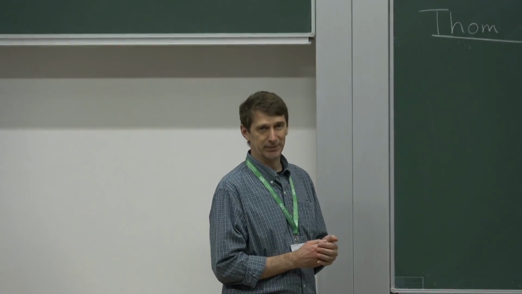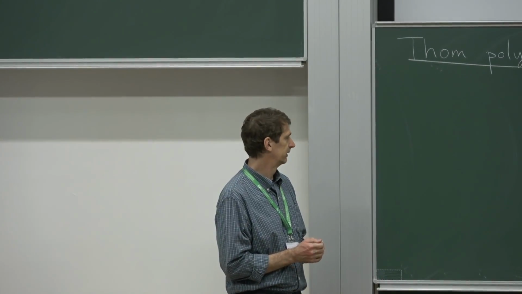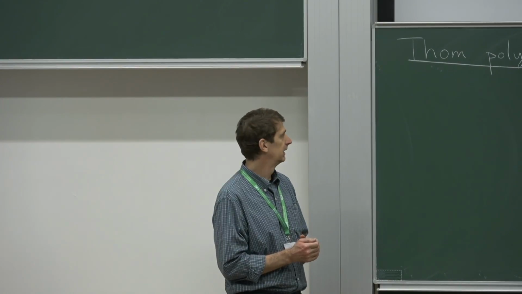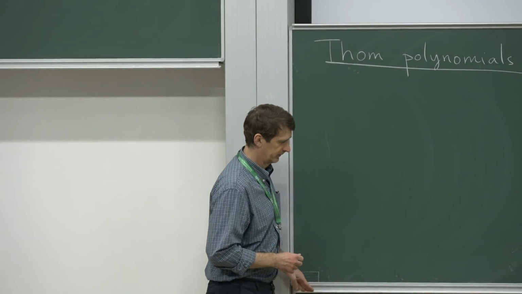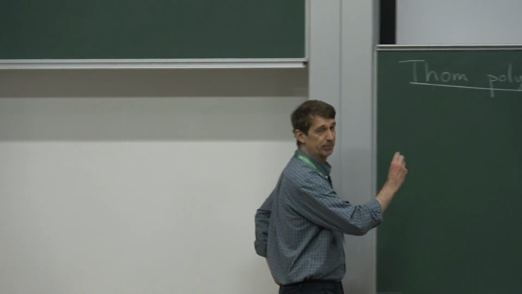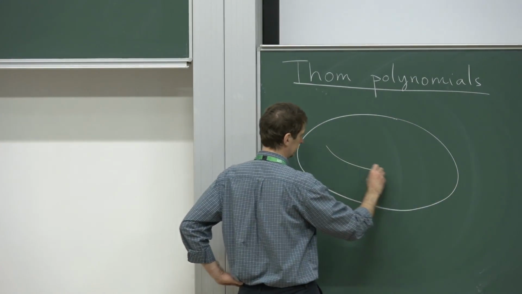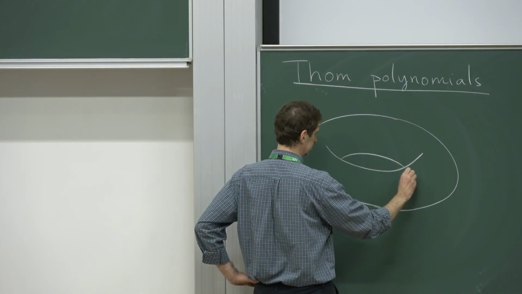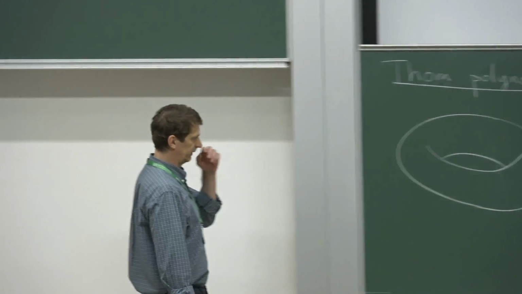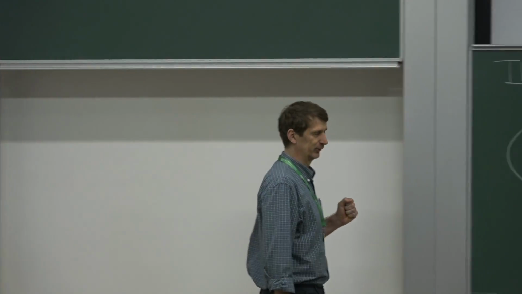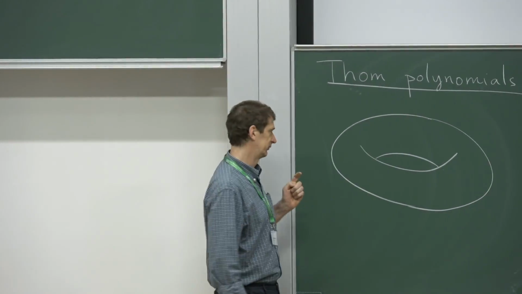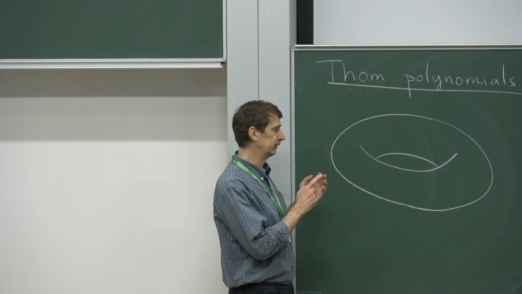I studied Thom polynomials about 20 years ago, not recently, not in the past decade really, but I have some ideas about them. So let's jump in the middle and let's look at this picture. Okay, so I want to ask you, what is this? Your answer should be that this is the torus, which is true, but I want you to see more here.